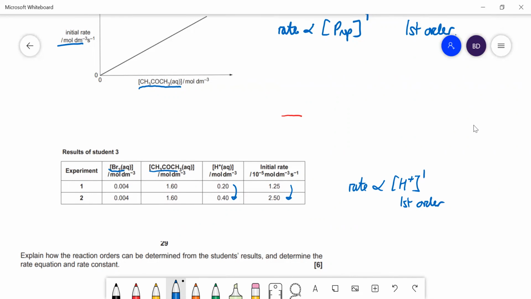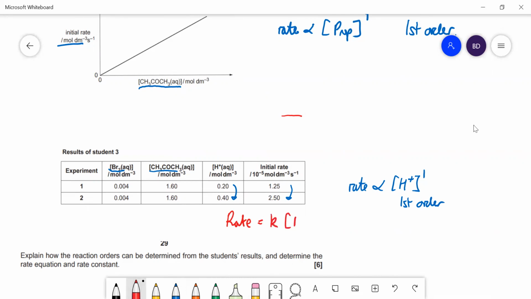Now we have to write down the rate equation and work out the rate constant. So we know that rate is equal to Br2 to the power of 0, and of course that's equal to 1, so we don't normally put that in, leave that out. So I should put the rate constant in there.